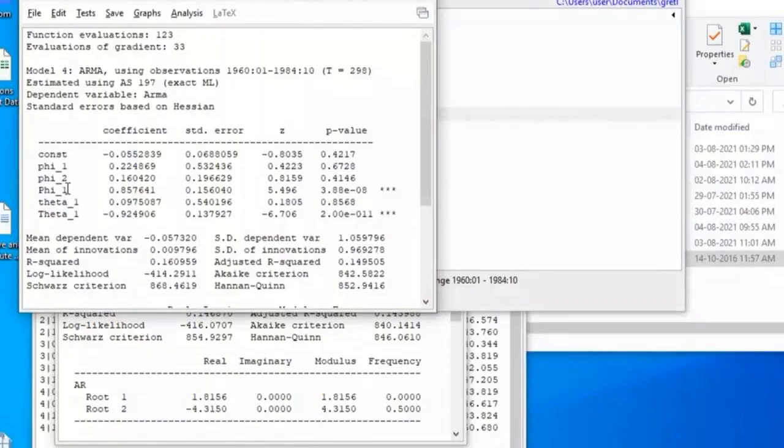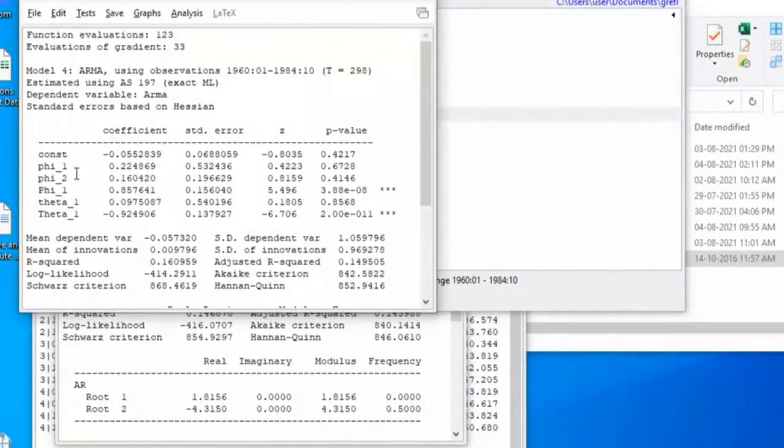No, see, usually we will not give it in terms of the equation. Rather, we will write it as ARIMA, then within brackets, in this case, we will have 2, 0, 1.